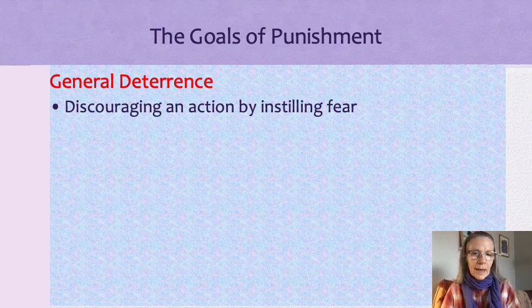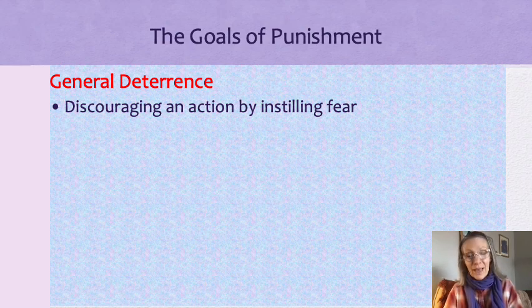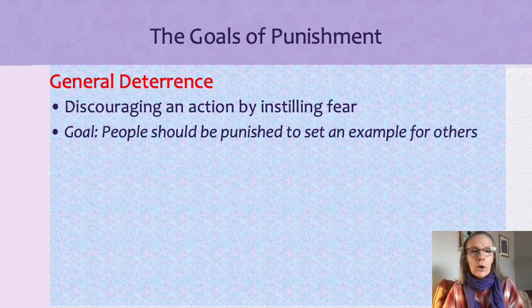Remember James Q. Wilson: the vast majority of us are sitting around waiting and watching to see how criminals are treated, what kind of punishment they get. If they get a really harsh punishment, then those who are thinking about committing the crime are not going to commit it. So the goal of general deterrence is that people should be punished harshly in order to set an example for others.